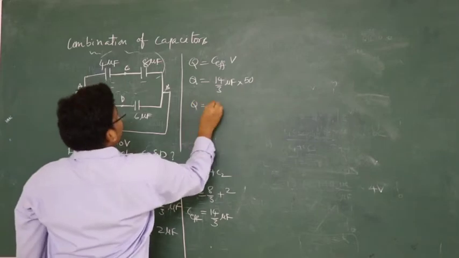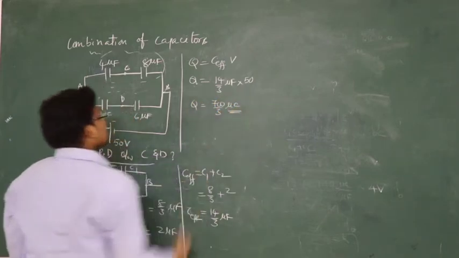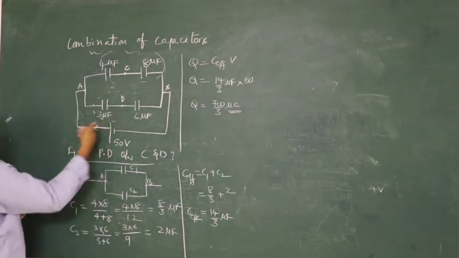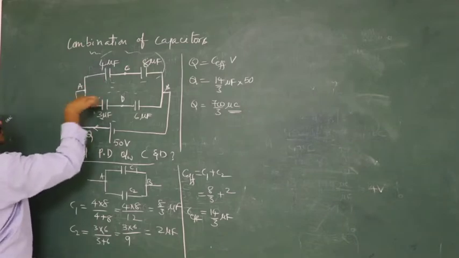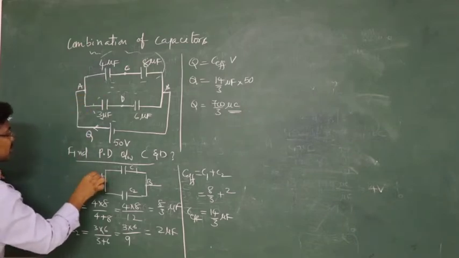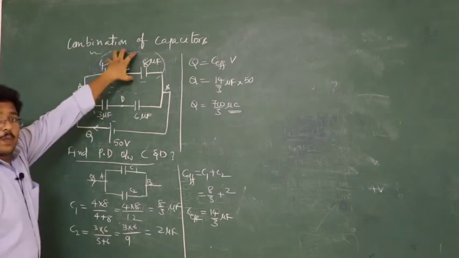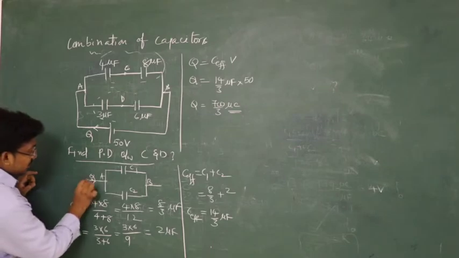So Q is equal to 700 by 3 microcoulombs. This much charge will come here and it has to split. We already calculated 4 and 8 as C1, so this charge has to come like this.